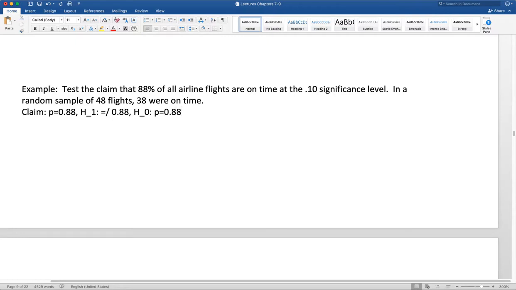So in this example, the null hypothesis is the claim, right? Now x is 38, the number of flights satisfying the condition, that were on time. And n equals 48, which is the sample size, and our alpha is 0.1. So we use the calculator.